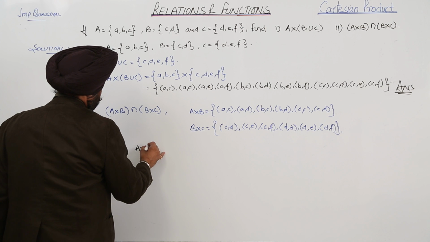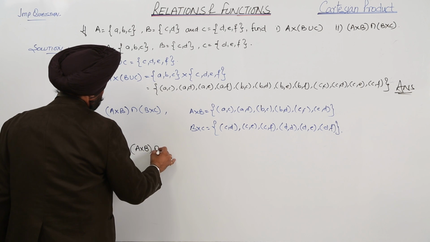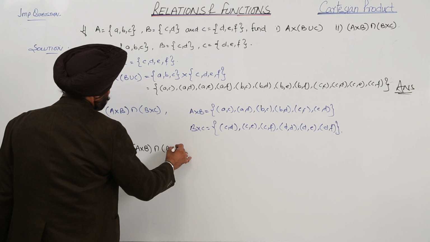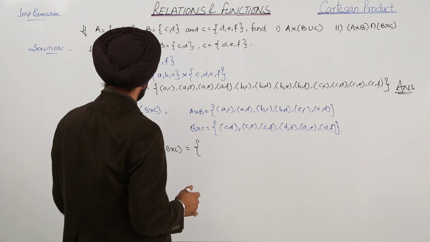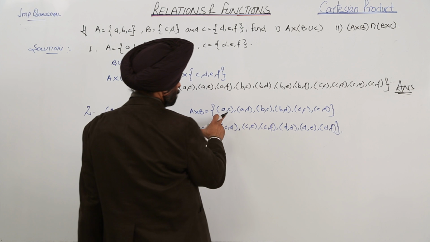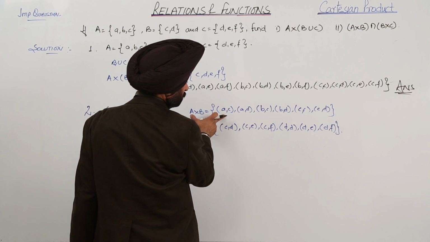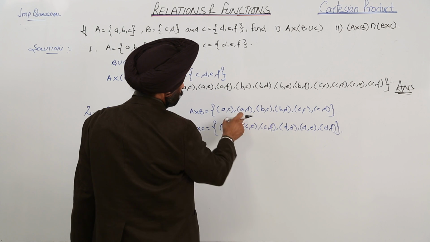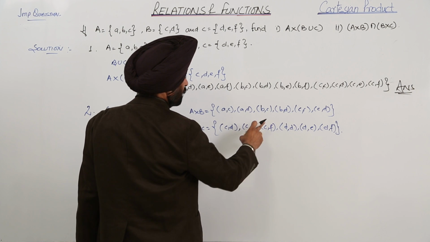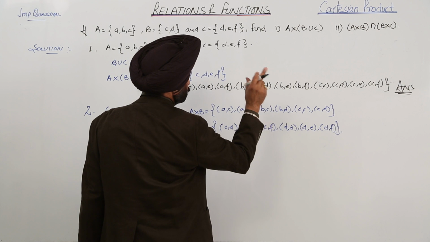Now A cross B intersection with B cross C is equal to, now check it, what is common? AC is there? No, AC is not there. None is with A, so this is finished. Now none is with B, this is also finished.